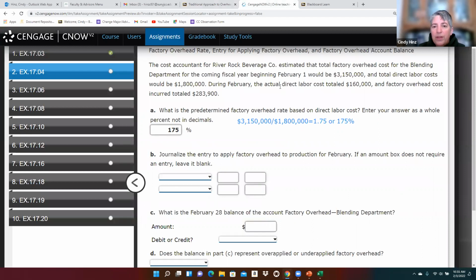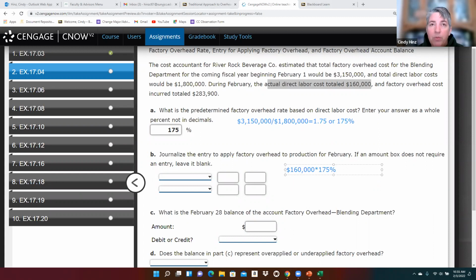We are told that the actual direct labor cost is $160,000. So following those directions from Blackboard, we take our actual direct labor dollars, 160,000, and we multiply by the rate we calculated in Part A, 175%.